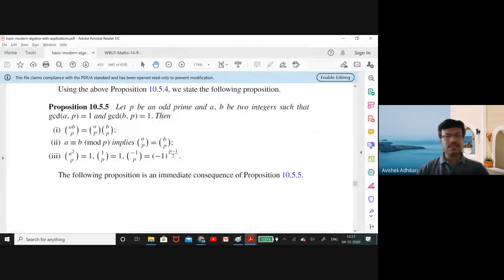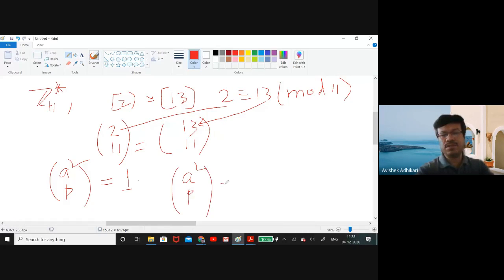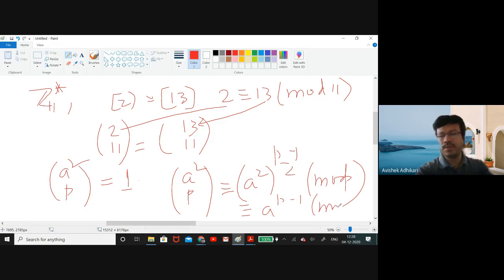The third result, it says that (a square/p) is again very interesting. If you have the square of some number, then that value is always 1. Why is this 1? The proof is very simple: (a square/p) equals a square to the power p minus 1 by 2 modulo p, which is congruent to a to the power p minus 1 modulo p, and by Fermat's little theorem that is 1.